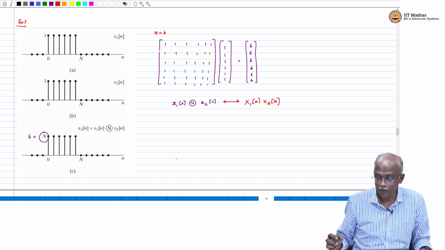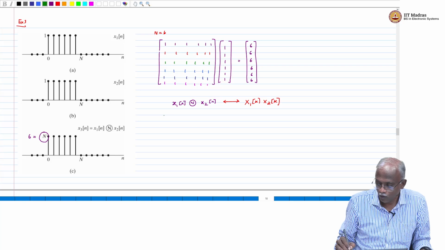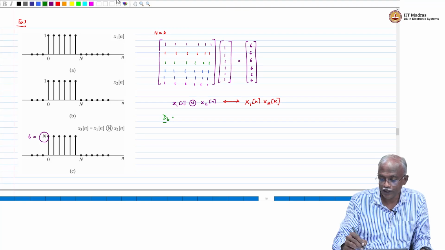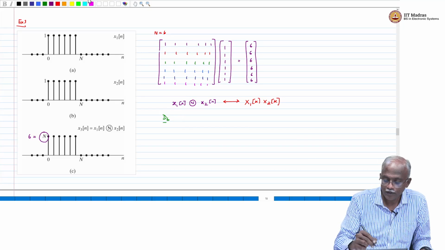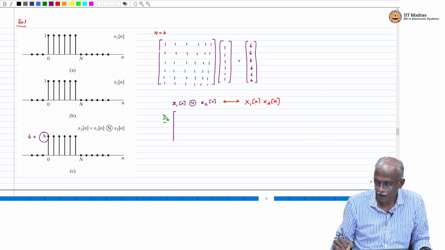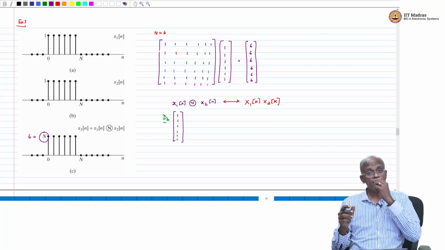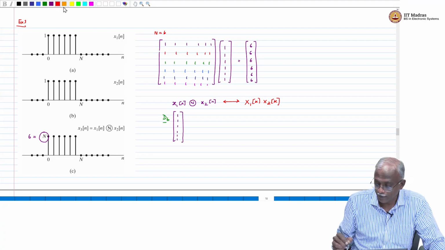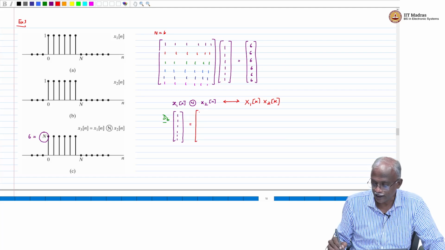Now, what I would like you to do is to verify what happens when you take D6, the 6-point DFT matrix, and multiply it with the sequence 1, 1, 1, 1, 1, 1. I would like you to verify the following results.